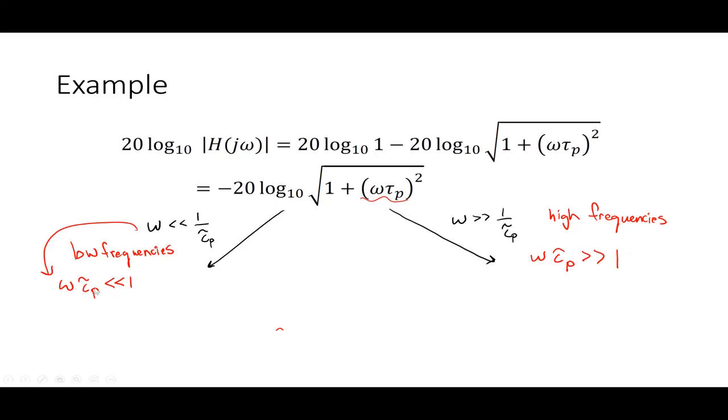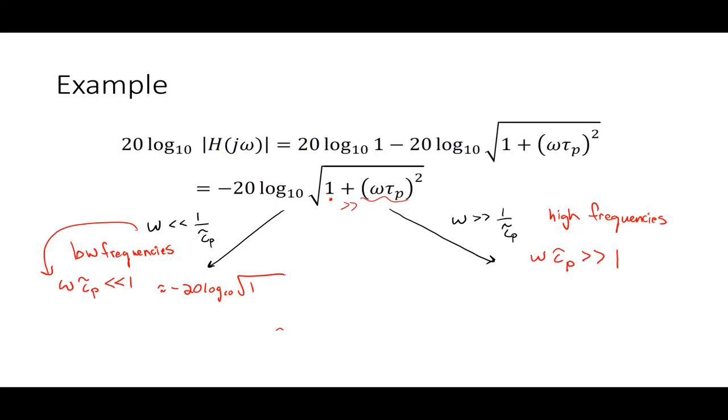If omega tau p is much, much less than 1, I look at this expression here, and if I square that number, it's basically the case that this 20 log expression becomes approximately minus 20 log 10 of 1. In other words, this 1 is much, much larger than this term.